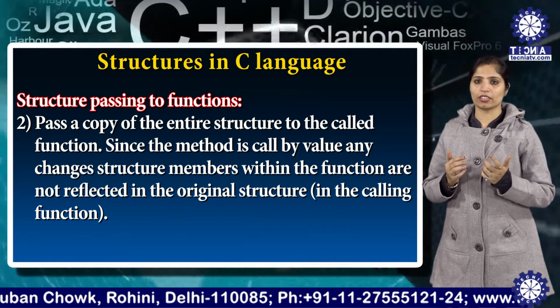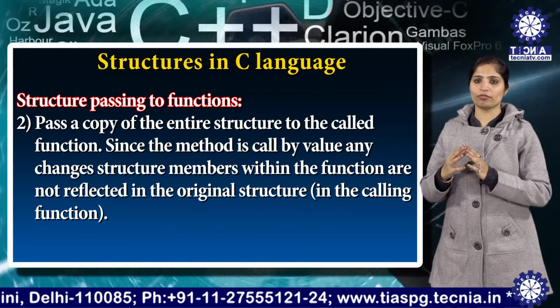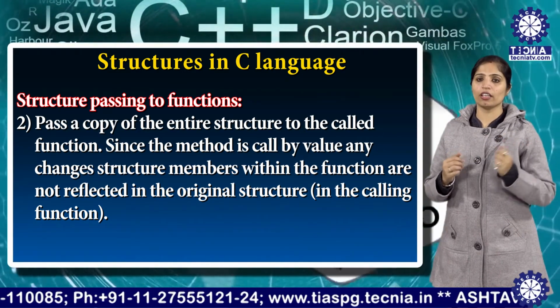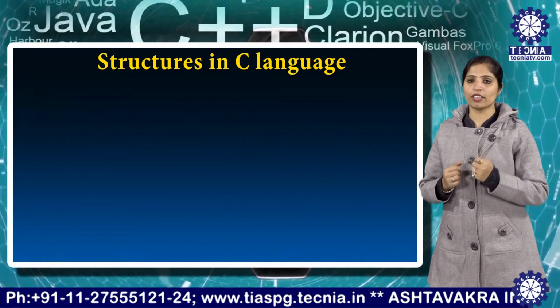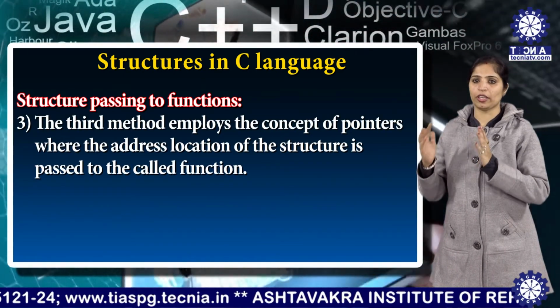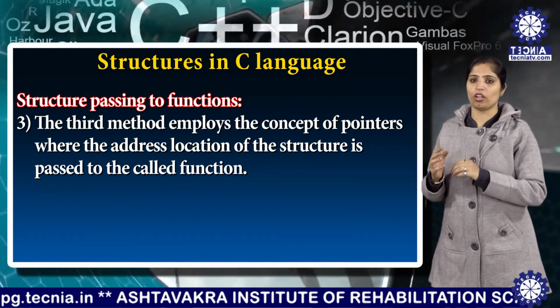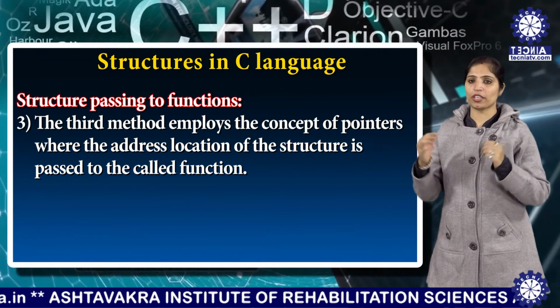Since the method is call by value, any changes to the structure members within the function are not reflected in the original structure. The third method uses the concept of pointers, where the address location of the structure is passed to the called function. That's all about the structure.